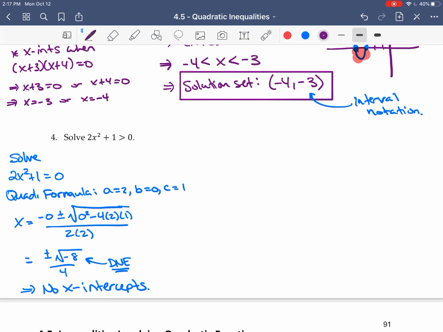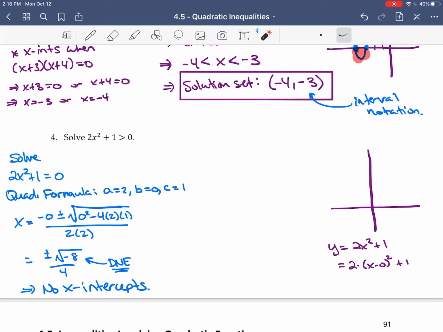This function, I'm going to write it down here: y equals 2x squared plus 1. This is actually written in the transformations already. So it looks like that. It has not been shifted horizontally, but it's x squared shifted up by 1 because of this part.